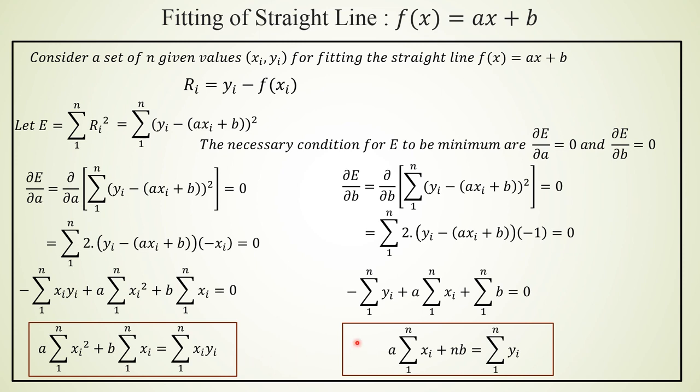These two equations are called the normal equations for fitting a straight line f of x is equal to ax plus b. By solving these two equations, you can get the values of a and b, which you can substitute in f of x. That is the best fit for the given set of observations.